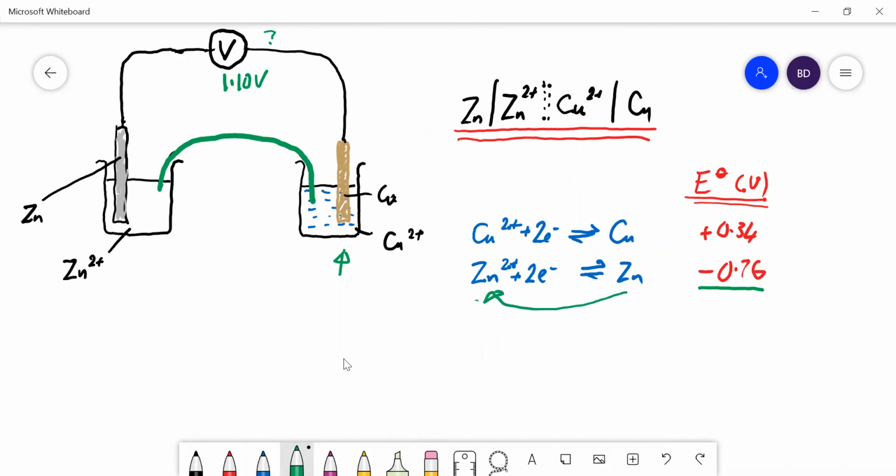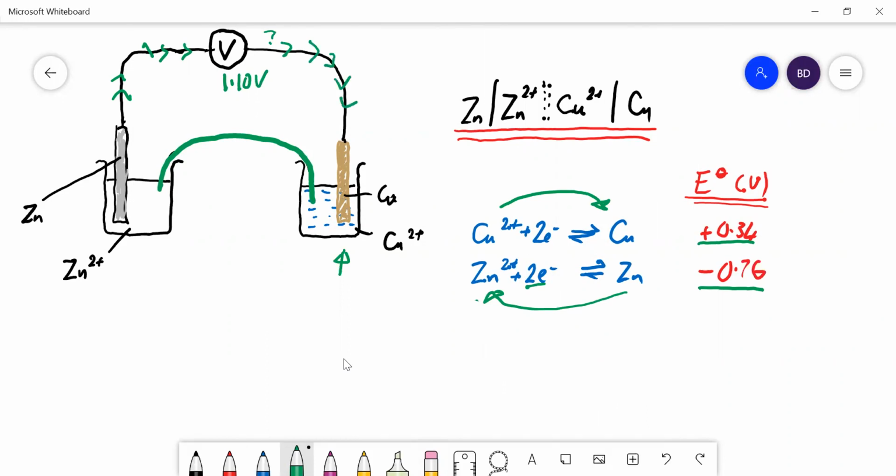It's going to be pushing away these two electrons, and those two electrons are going to go up the wire. Then the copper one, which is the most positive, would be the best at sucking in electrons. Positive is going to attract negative electrons. So this one is going to go forwards, and the electrons are going to go around there.